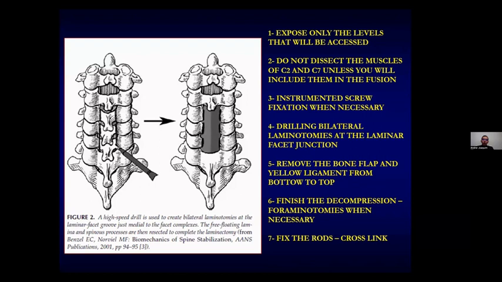The rules are: expose only the levels that you'll be addressing. You don't need to expose C2 or C7, or even levels that you don't need to decompress or fuse. You have to be very careful not to detach the muscles of C2 and C7. I usually put the instrumentation before the decompression.